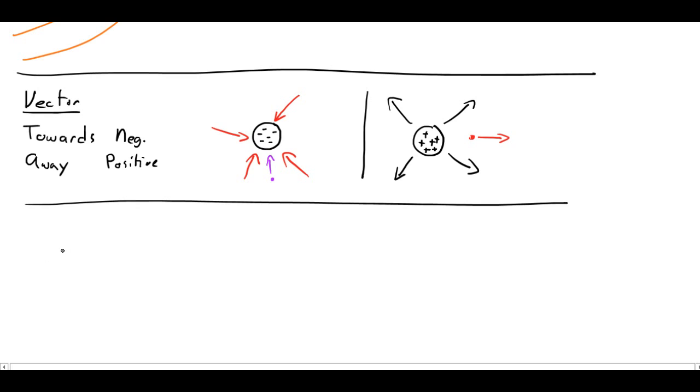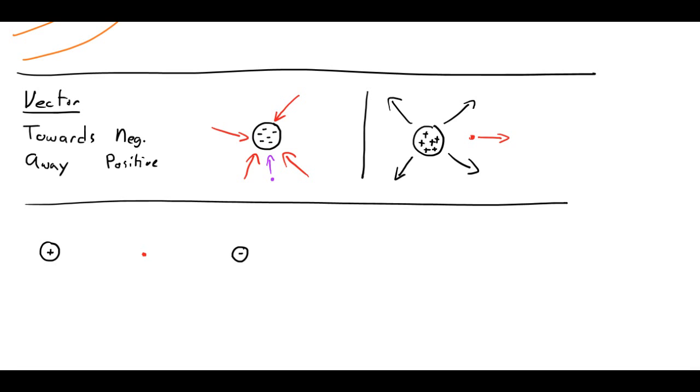If we have two particles, a positive particle and a negative particle, both particles independently create an electric field all around them. And we want to know what the total or resultant electric field is at a point in the middle of them.